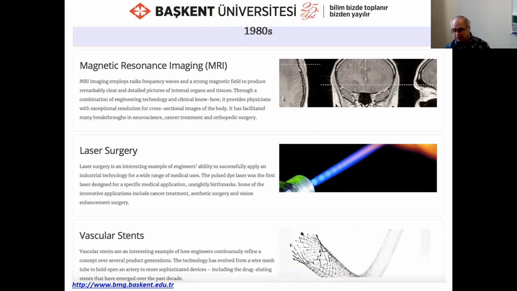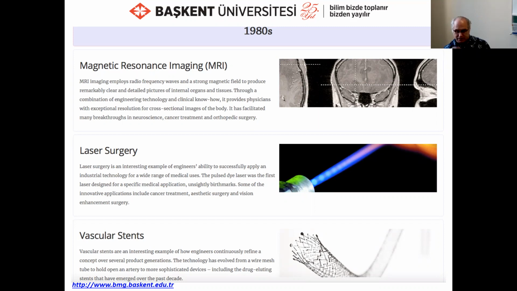was discovered, and it began to be used clinically, and it has facilitated many breakthroughs in neuroscience, cancer treatment, and orthopedic surgery. And during that time, laser surgery is also an interesting example for biomedical engineers.